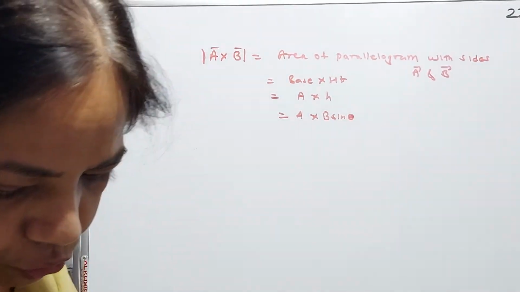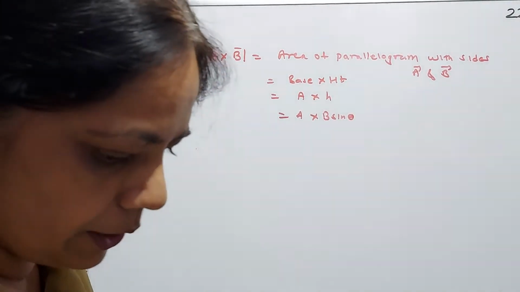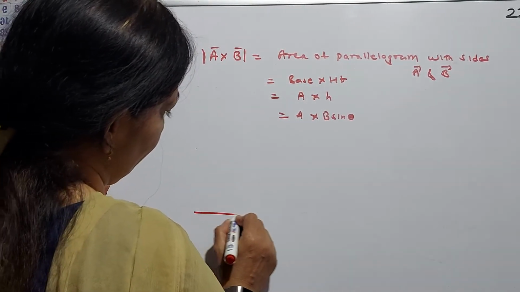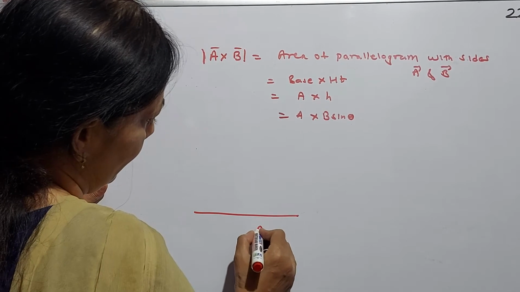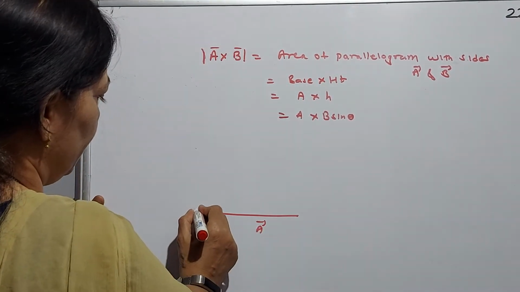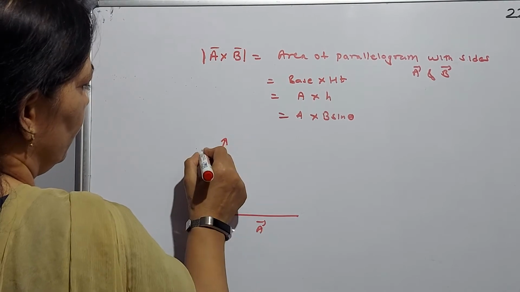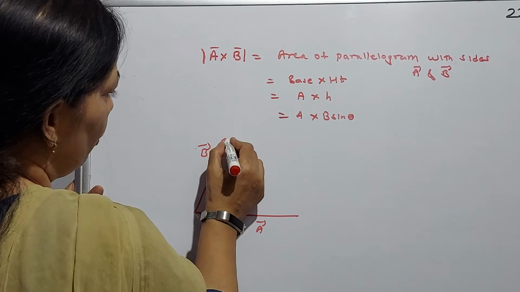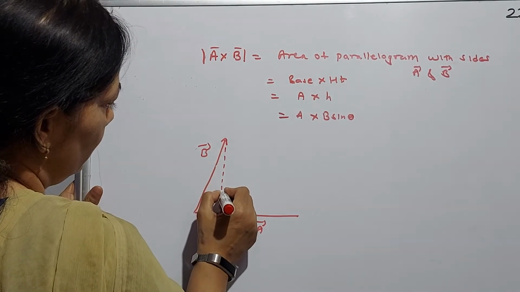This we will show you also. So here suppose I show a very simple diagram: vector A over here, then here I have vector B. Correct? Simple diagram. Then I drop a perpendicular over here.